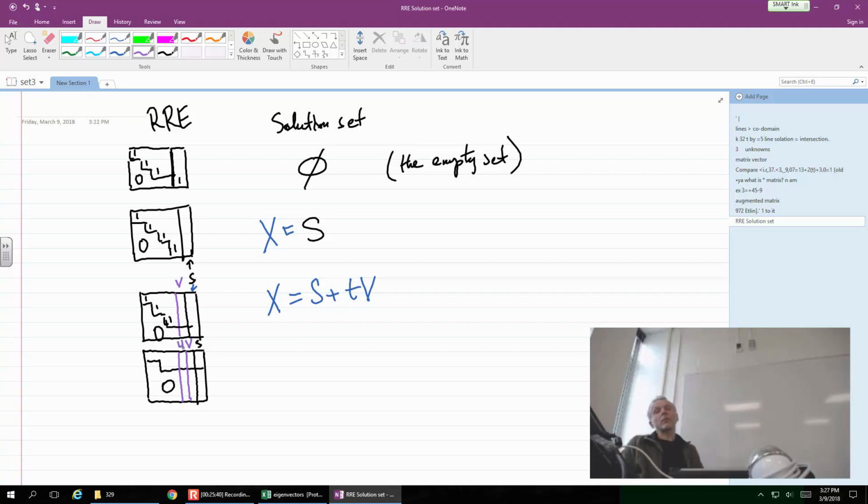So 2 columns in my augmented matrix. Let me plot the leading ones again: 1, 1, 1, only 2. So as in the last example, x is equal to s, the last row, plus s lowercase u plus tv.